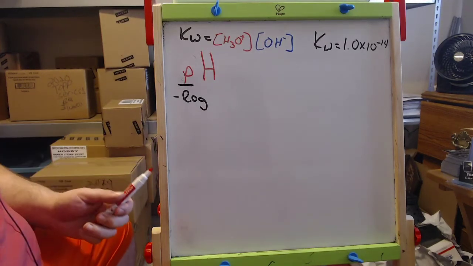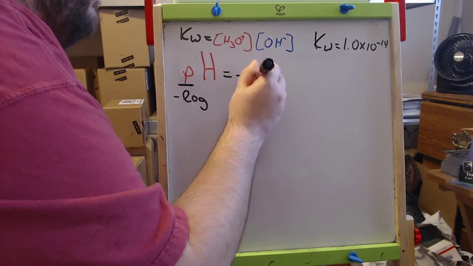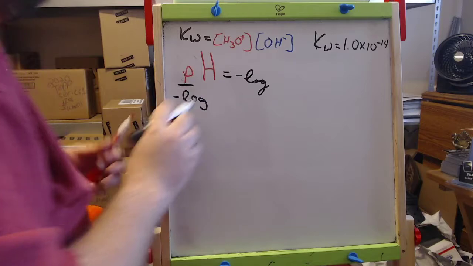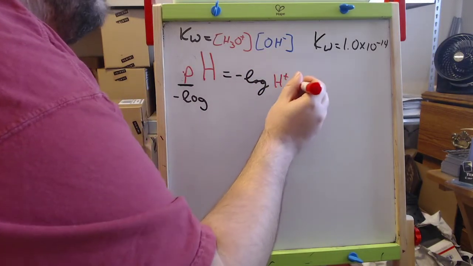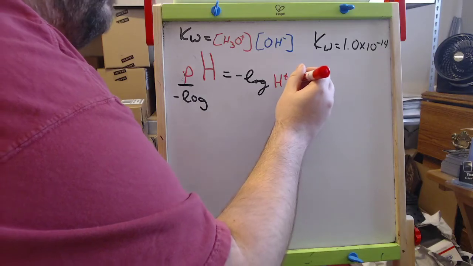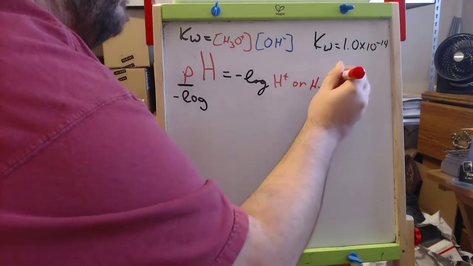So what this really means is the negative log of H plus that we make. And really, it means the negative log of H3O plus that we make.